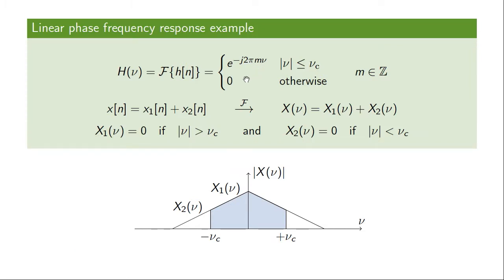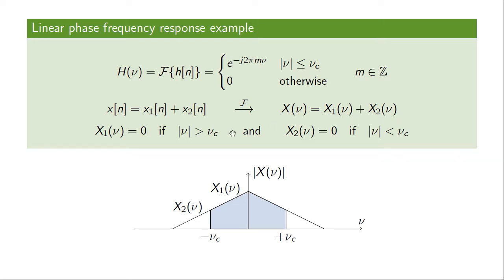So again, we have this time-shifted version of the ideal low-pass filter. And we take an input signal x of n, which consists of two additive components, x1 of n and x2 of n, which have discrete-time Fourier transforms X1 and X2.